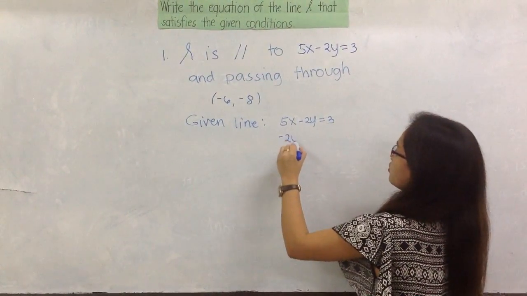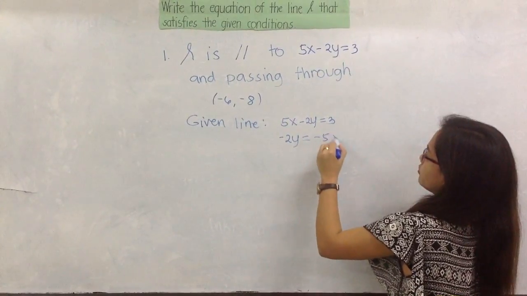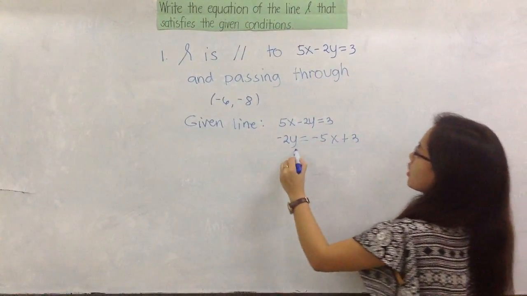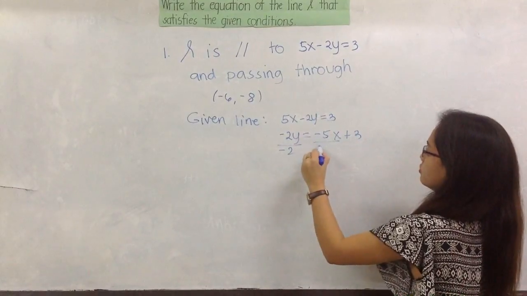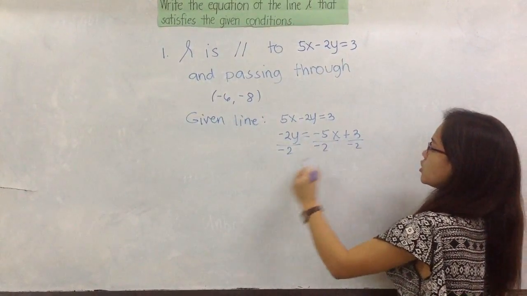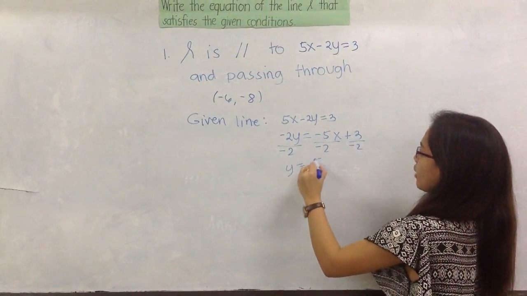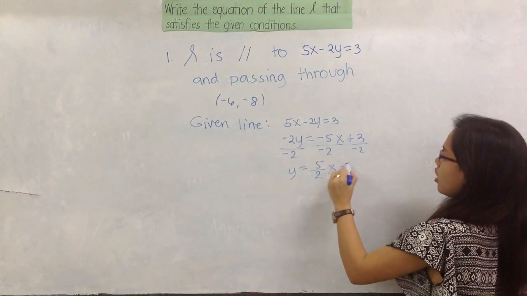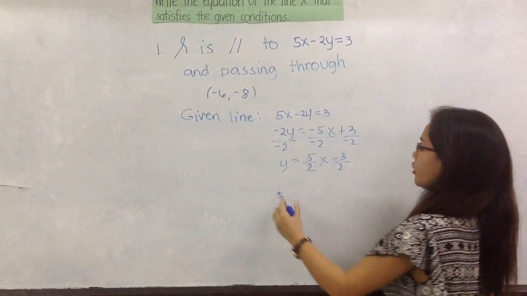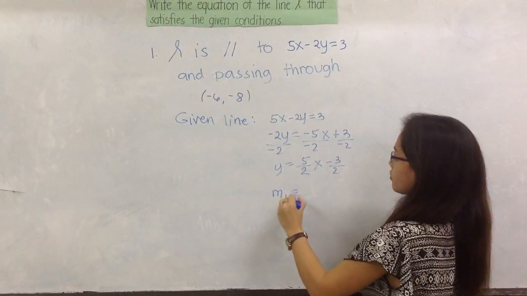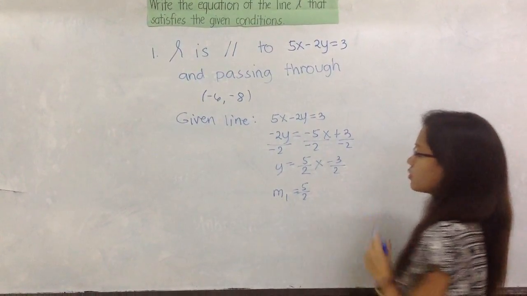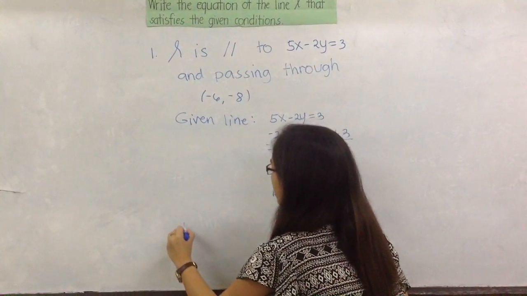So this becomes like this, and divide both sides by negative 2. So y becomes 5 halves x minus 3 halves. Therefore, the slope is 5 halves. And we are also given the unknown line.